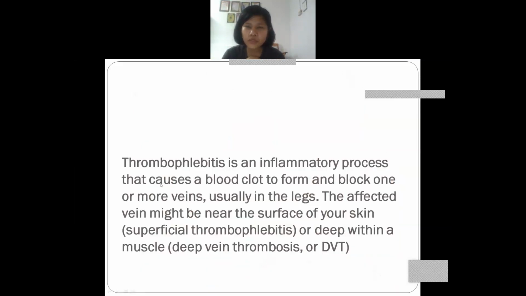So here I'm showing you the definition of thrombophlebitis. It is an inflammatory process mainly caused as a result of blood clots, and it usually occurs in your leg area, in the extremities.